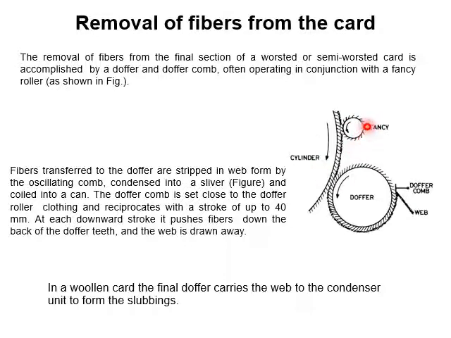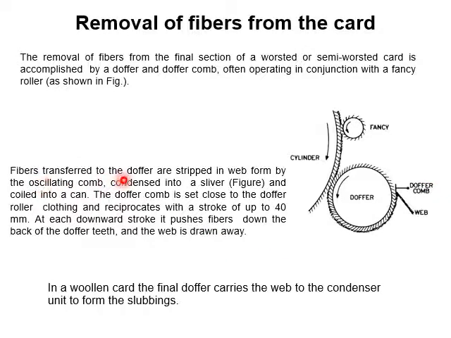This is the fancy roller, which helps to move the fibers onto the surface of the cylinder so that they can be easily removed by the doffer. So the removal of fiber is done by a doffer comb along with a fancy roller. So these are the rollers: doffer, fancy roller and the comb, which help in removal of the fiber as web.